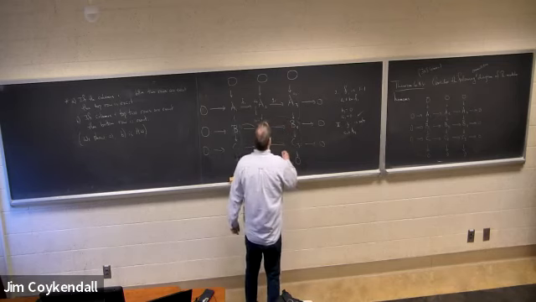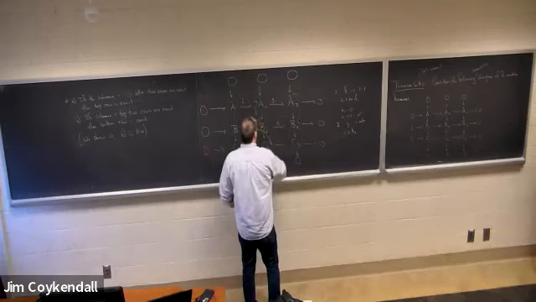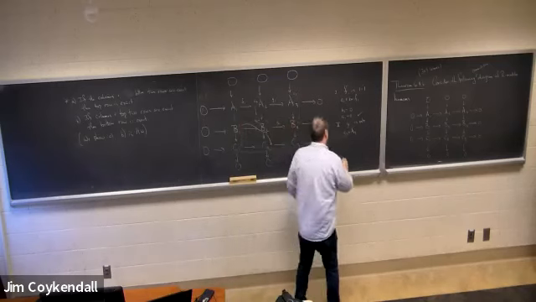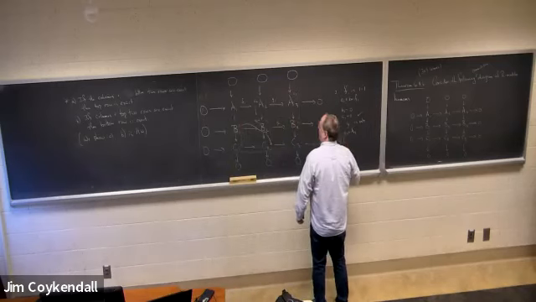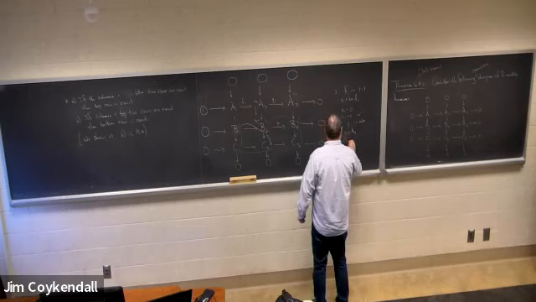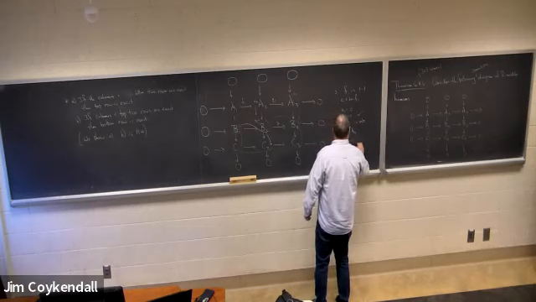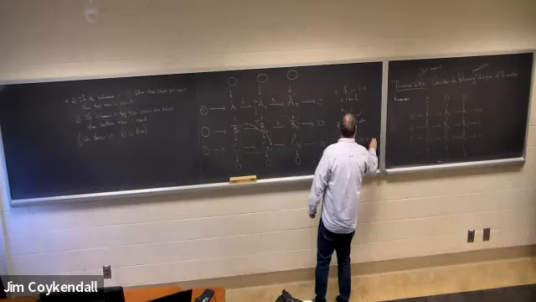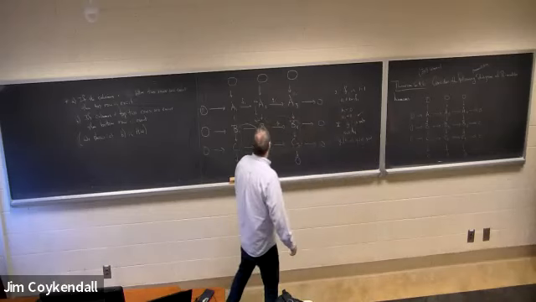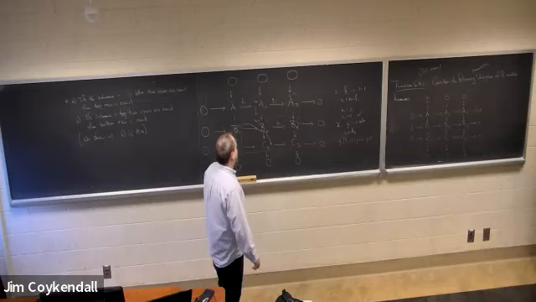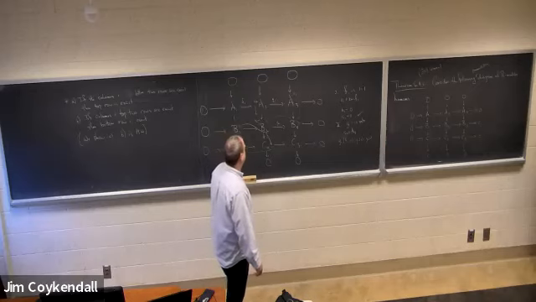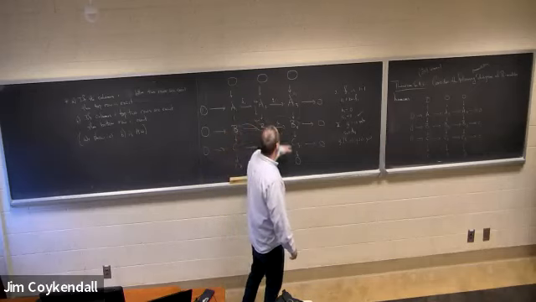So let me call this map G2. What happens to G2 of B2 minus X? Well, this is G2 of B2 minus G2 of X. G2 of B2, I know, that's B3, right? I agree.